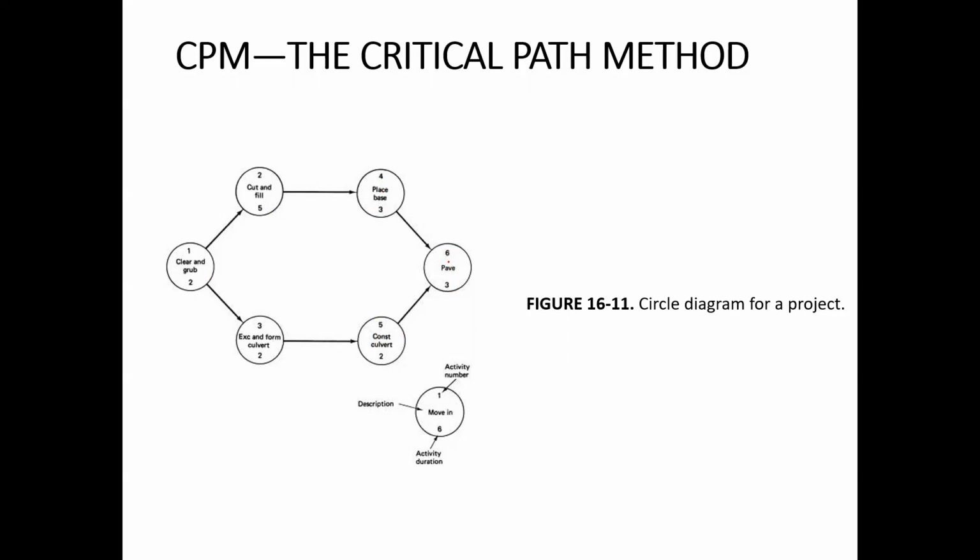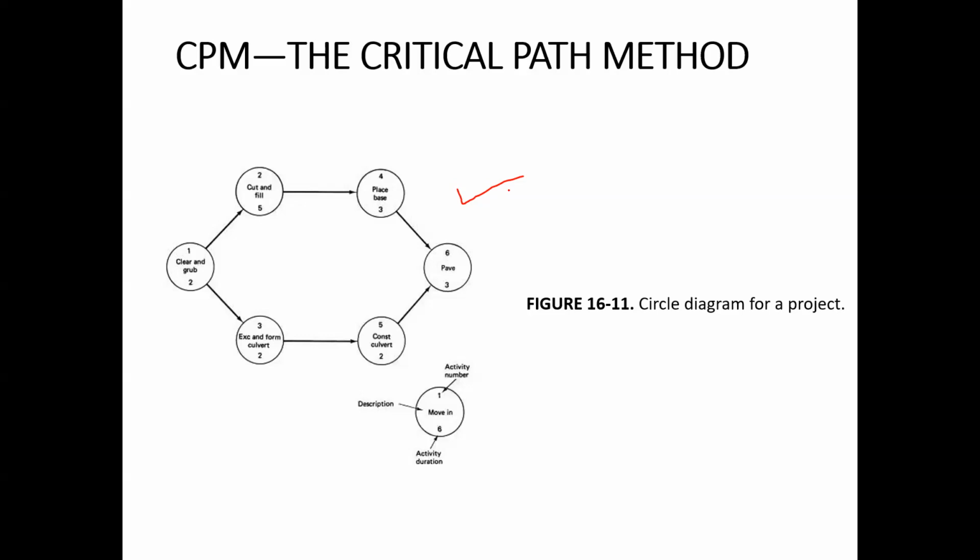So 6 can only start if activity 4 is finished and activity 5 is finished. That means pavement can only start when place base is complete and when construct culvert is complete. So this is how the process works in the activity on node network method. As you can see, this network method is much simpler to draw than the activity on arrow diagramming method.